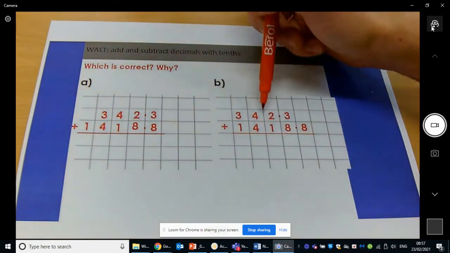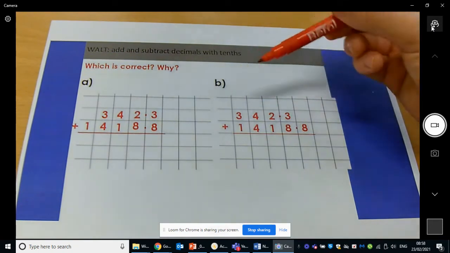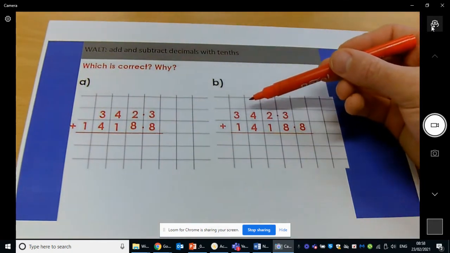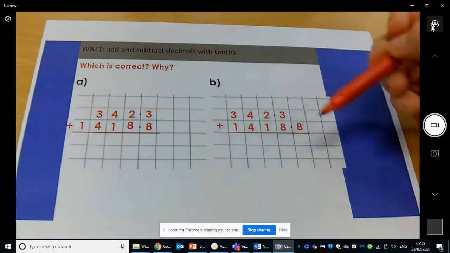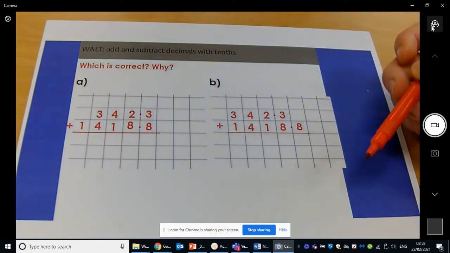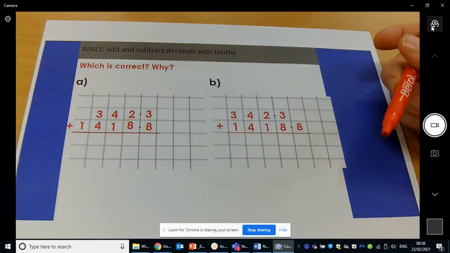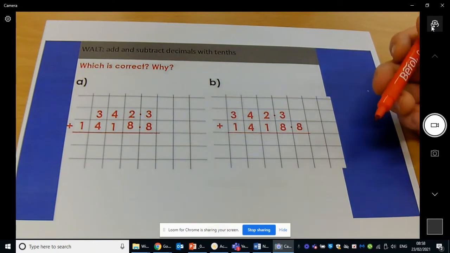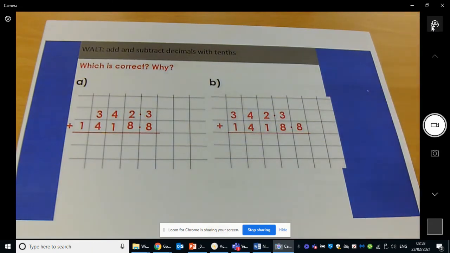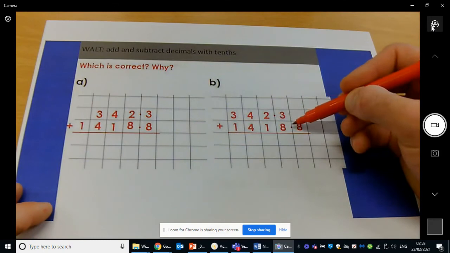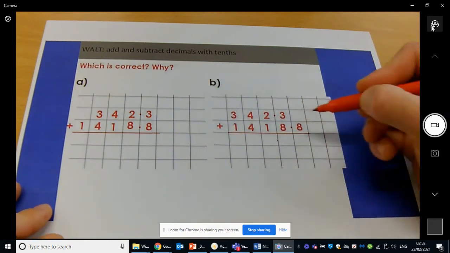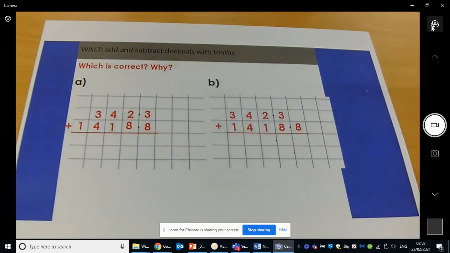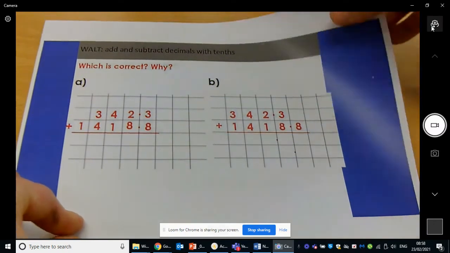This number's 342, yet they've put the 3 in the thousands column with the 1,000. So it's really, really important that you look very carefully at which number belongs with which place value. Because of course now that means the decimal point is completely off, and I don't know whether I put it there or I put it there, and then the answer is going to go completely skew with.